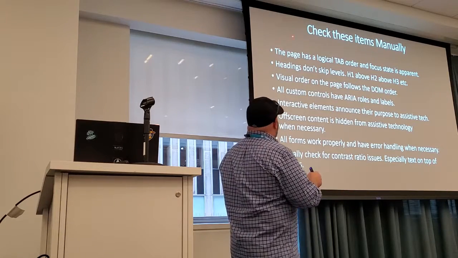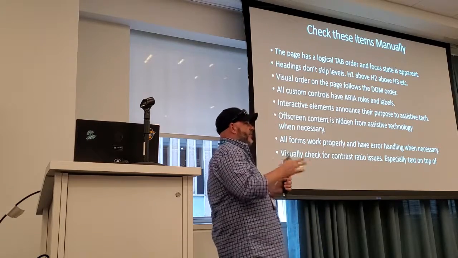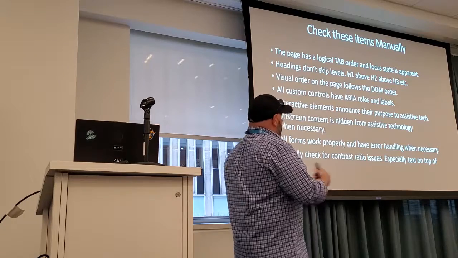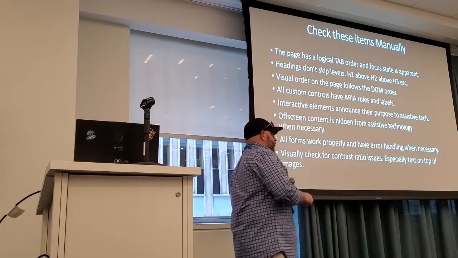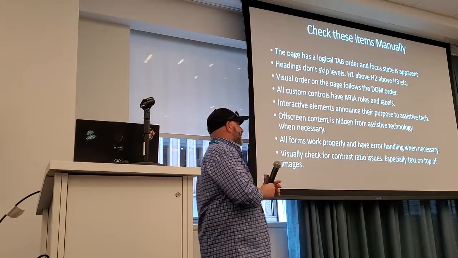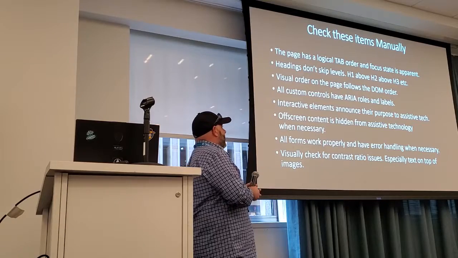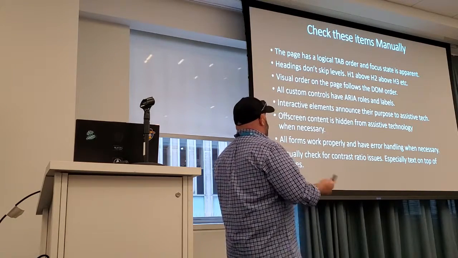You don't want up here, down here, over here, over here. There's no logical order to that. And also make sure the focus state is apparent. Most new themes have this in it. Just want to double check. This is when you land on something with your keyboard that you have a focus state on, a little box around it, something, anything. Okay, headings, don't skip levels, H1s above H2s, above H3s, etc.